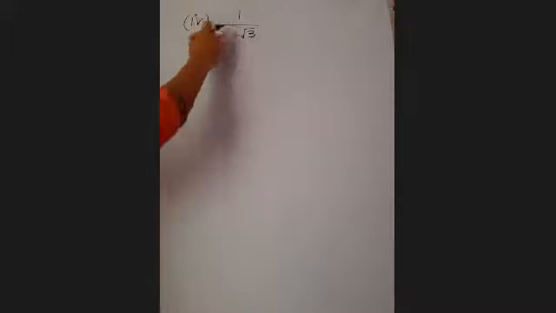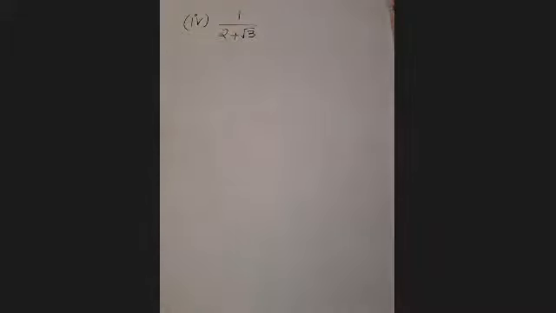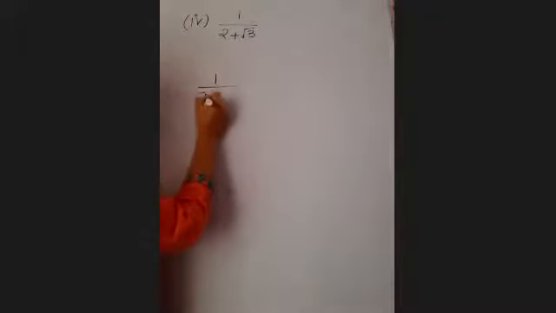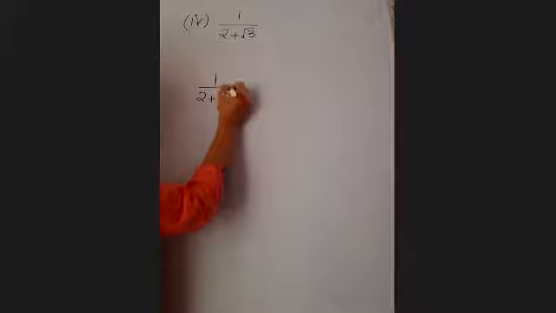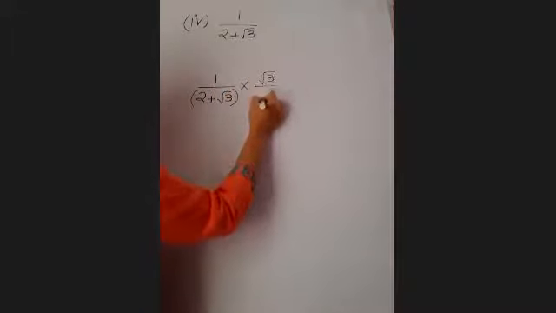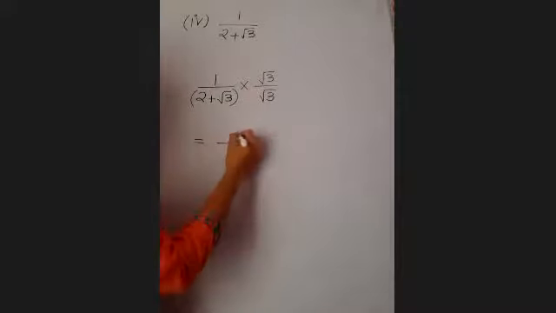1 upon 2 plus root 3. Now, children, in these questions, just see if we follow the previous method, that is, multiplying and dividing by root 3. Let us see what happens. The numerator will become 1 into root 3, which is root 3. But what will happen to the denominator?